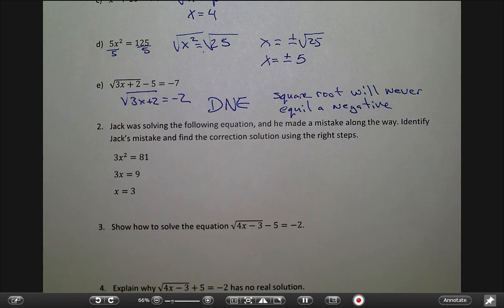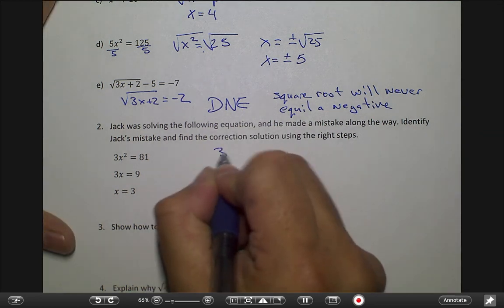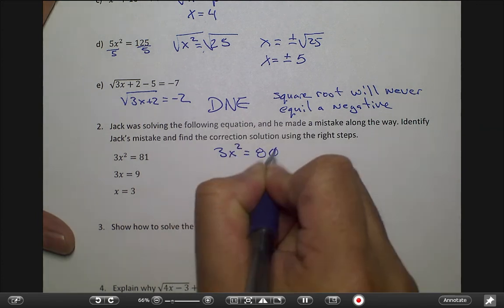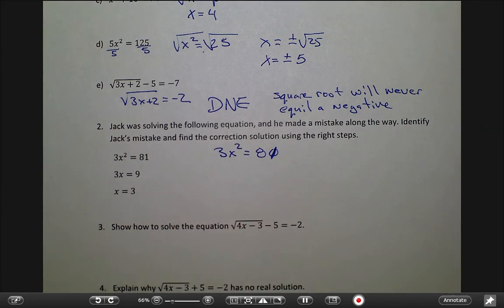All right, this next one. Jack made a mistake. So what do we do on this one right here since Jack made a mistake? Let's go through and actually solve it without making a mistake. What's the first thing I have to do? Very good. Divide by 3. Got to get my x squared by itself. So we're dividing by 3.